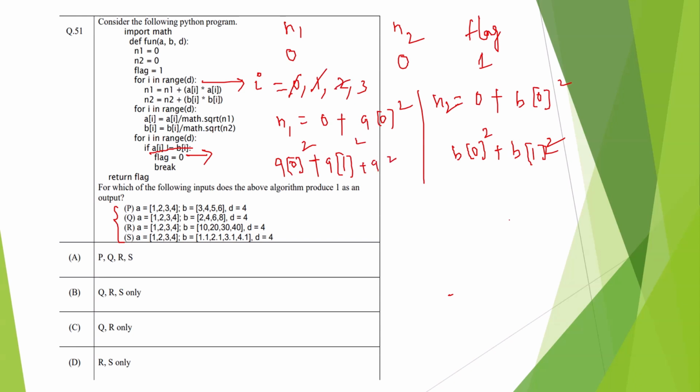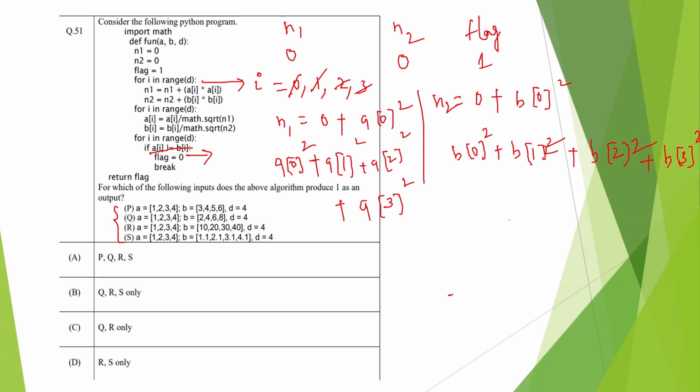Okay. So now if I becomes 2, we'll add here A of 2 square. Similarly here we'll add B of 2 square. If I becomes 3, we add here A of 3 square, and here we'll add B of 3 square.